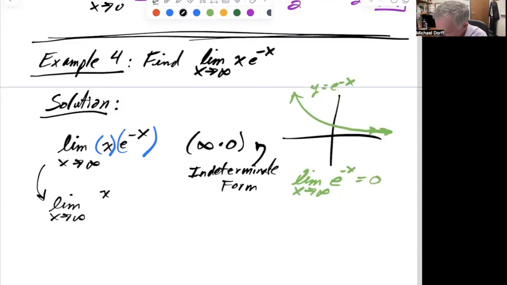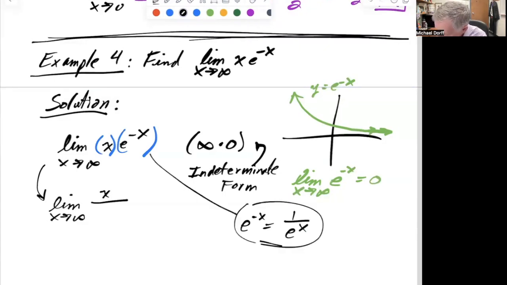I could keep the x in the numerator, and remember that e to the negative x is the same thing as 1 over e to the positive x. So we're going to take this idea and plug it in here to get x over e to the x, like that.